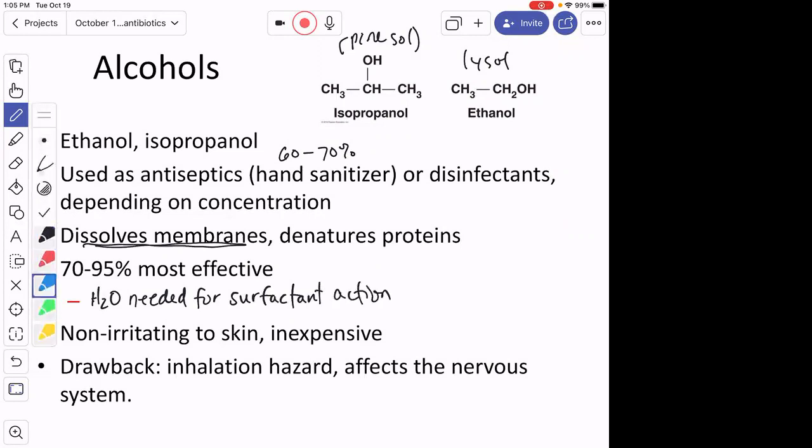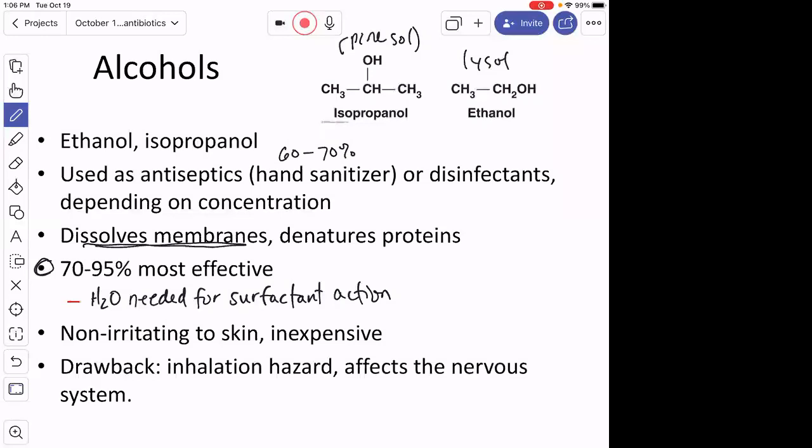And 100% alcohol actually evaporates really quickly. All of our disinfectants and antiseptics typically need some contact time to work, so you don't want it to evaporate too quickly. Again, a little bit of water is good for that as well.